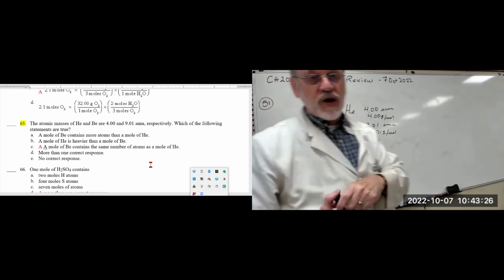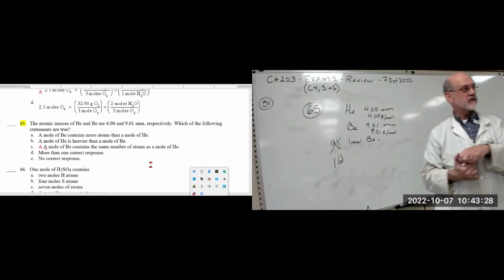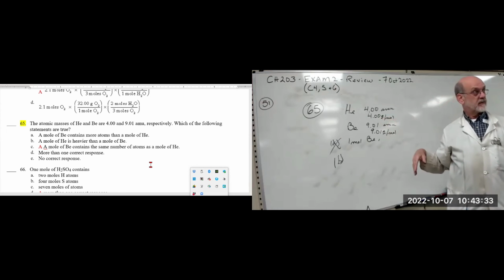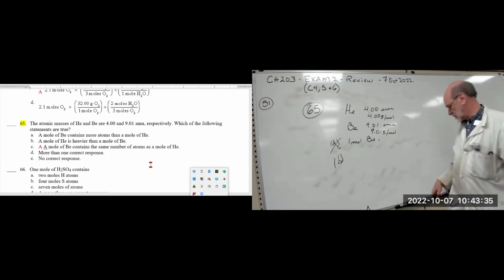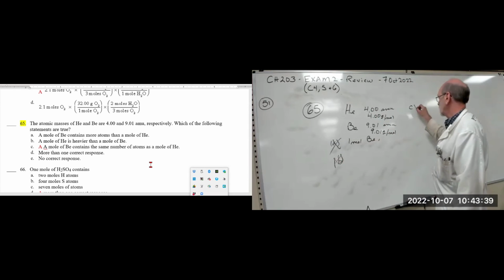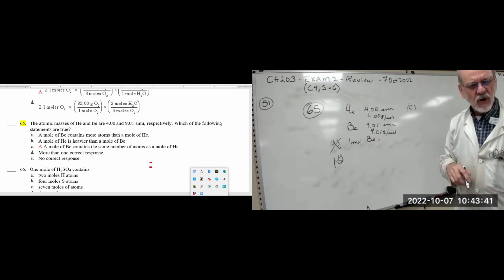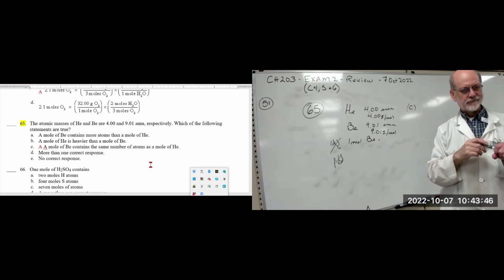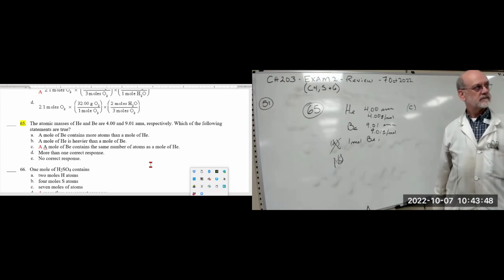So if the problem says a mole of helium is heavier, that's wrong. It's the other way around. A mole of beryllium weighs more than a mole of helium. Okay? So B's wrong. How about C? A mole of beryllium contains the same number of atoms as a mole of helium. There you go. That's it.